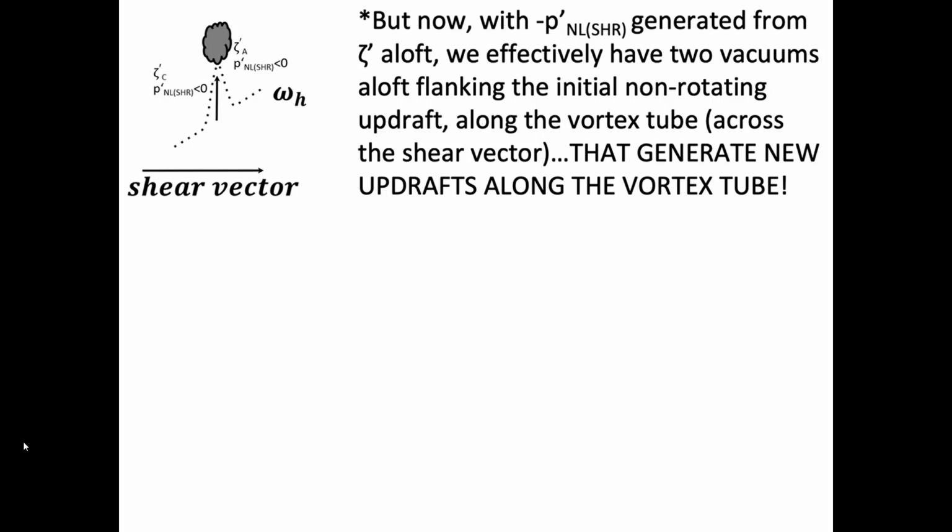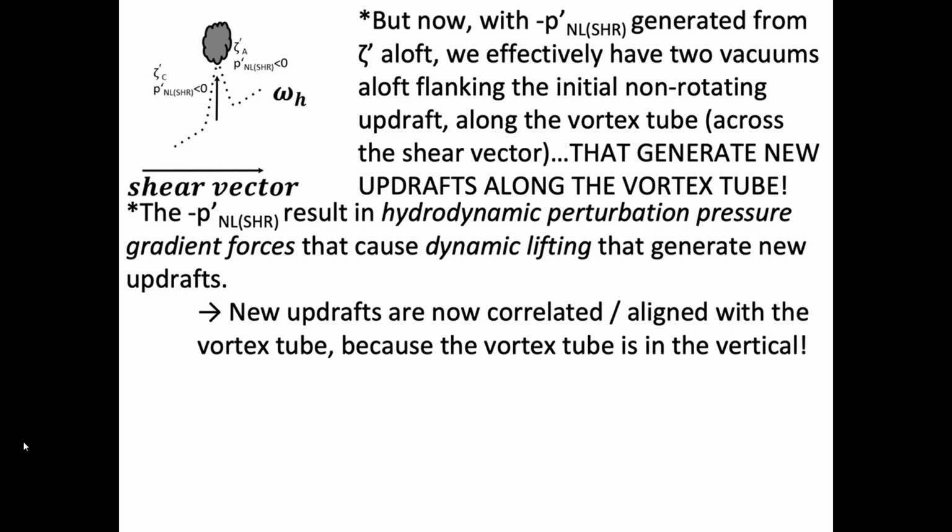And what that does is that generates new updrafts across the shear vector, flanking that initial updraft to the right and to the left. New updrafts form cross-shear flanking that initial updraft along now the upward and downward vertical vorticity branches. So we have new updrafts that are forming along the vortex tube that's been carried into the vertical.